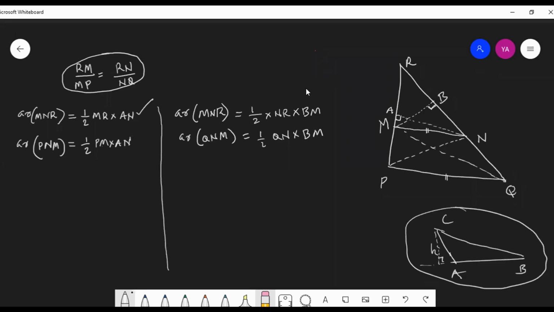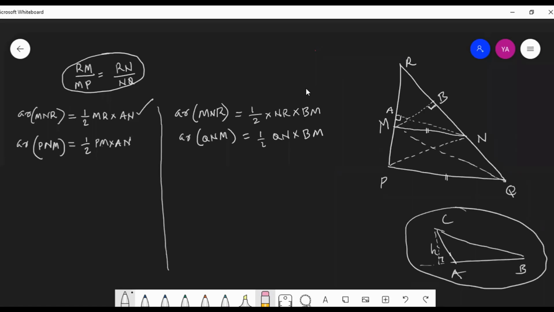In this triangle QNM, if QN is taken as the base, then the height will be outside the triangle, BM. So the area of triangle QNM will be half into QN into BM.